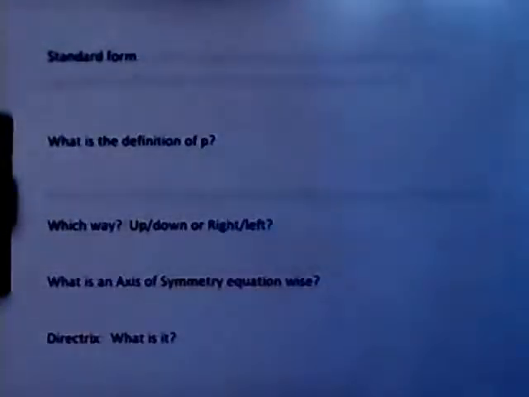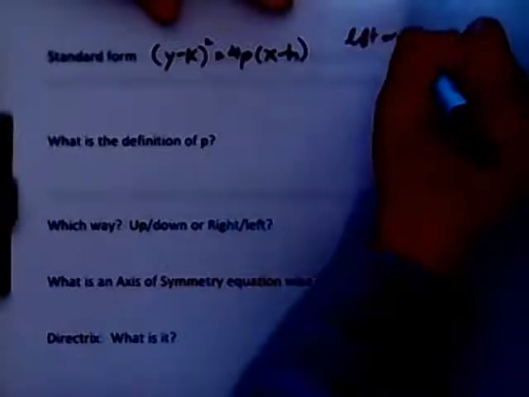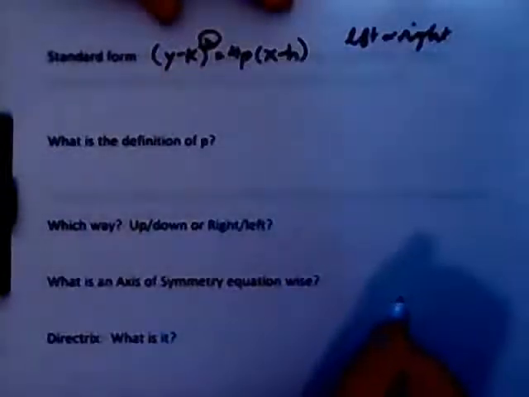The standard form for a parabola. There's two different forms. y minus k quantity squared is equal to 4p times x minus h. That's going to be either left or right. We know that because the y is being squared here.